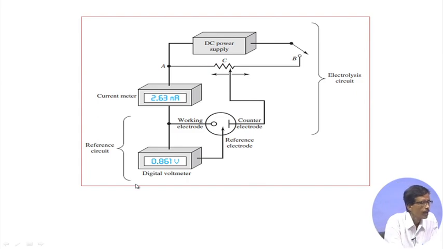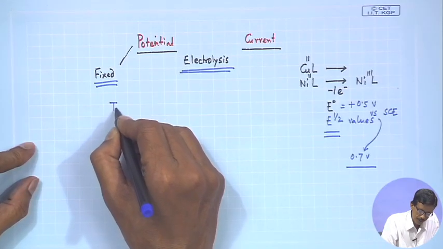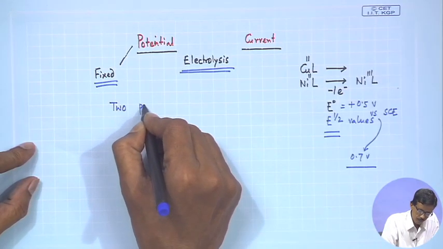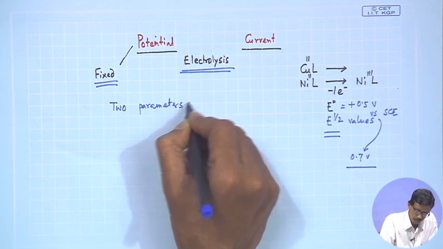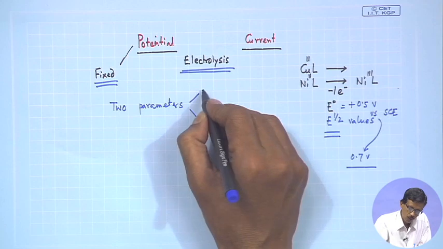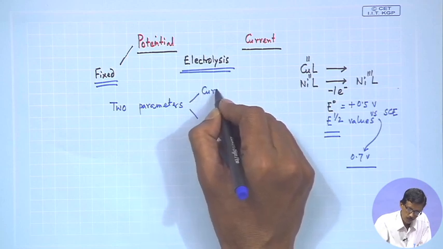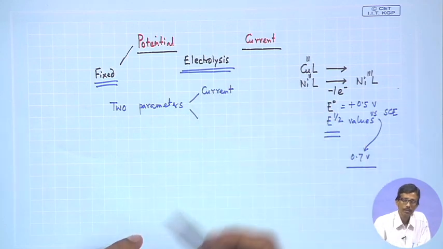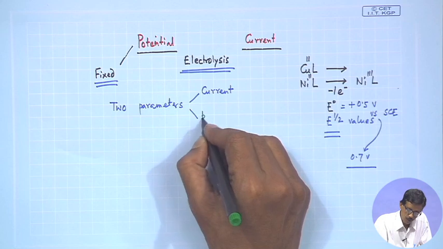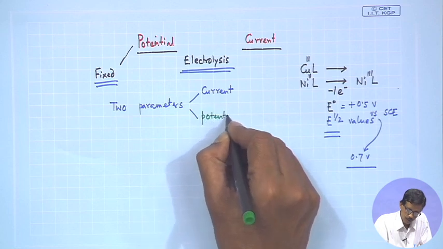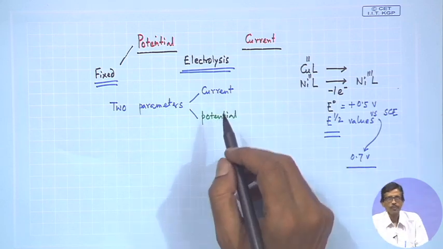So basically, from this block diagram we see that we get two parameters. One is the current that we can measure from this particular arrangement, and another is the corresponding potential.